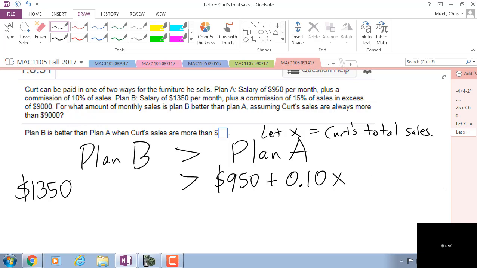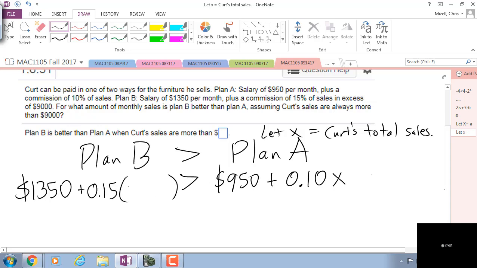How are we going to write this? Why X minus 9,000? Because you need the sales to be higher than 9,000.